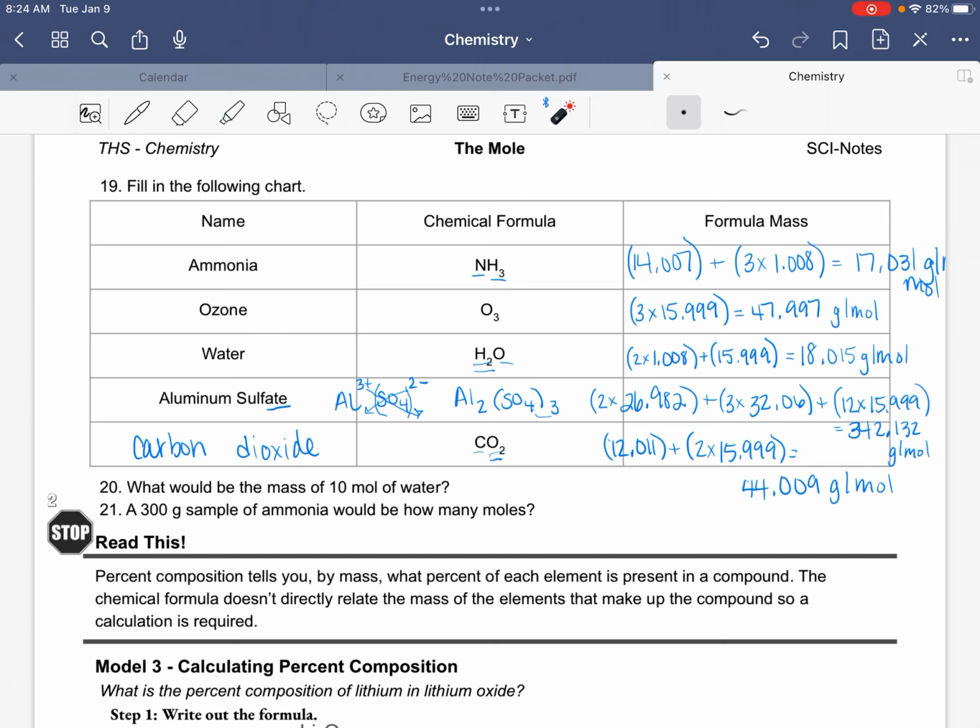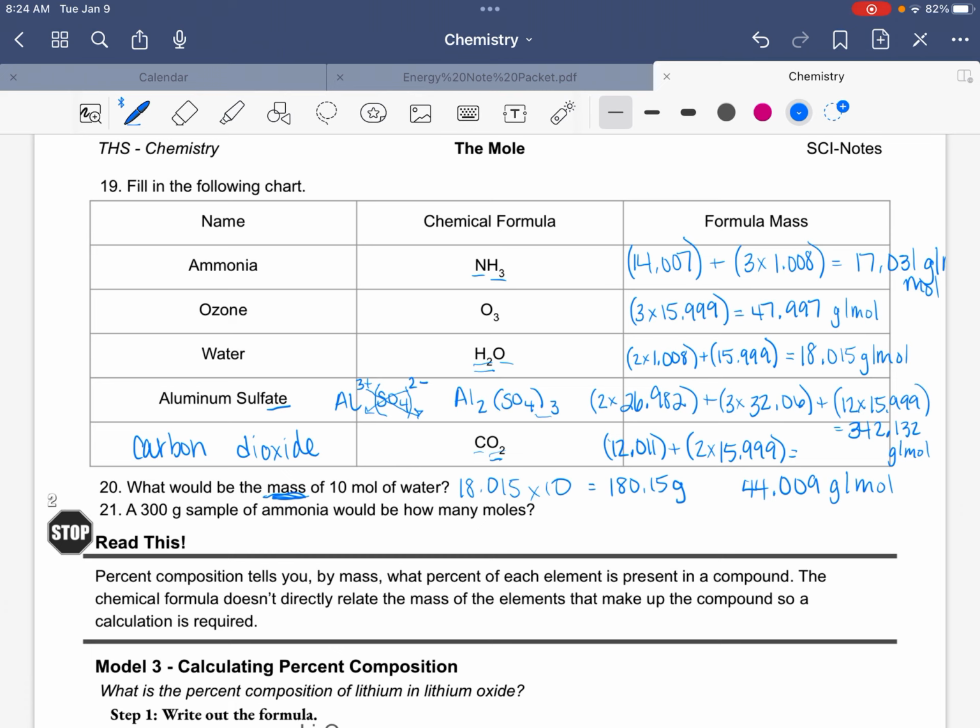So I'm going to take 18.015 times 10 to get 180.15 grams. Notice they're asking for just mass. They're not asking for formula mass; we'd already calculated formula mass. So when it's just asking for mass, it's going to be in grams.